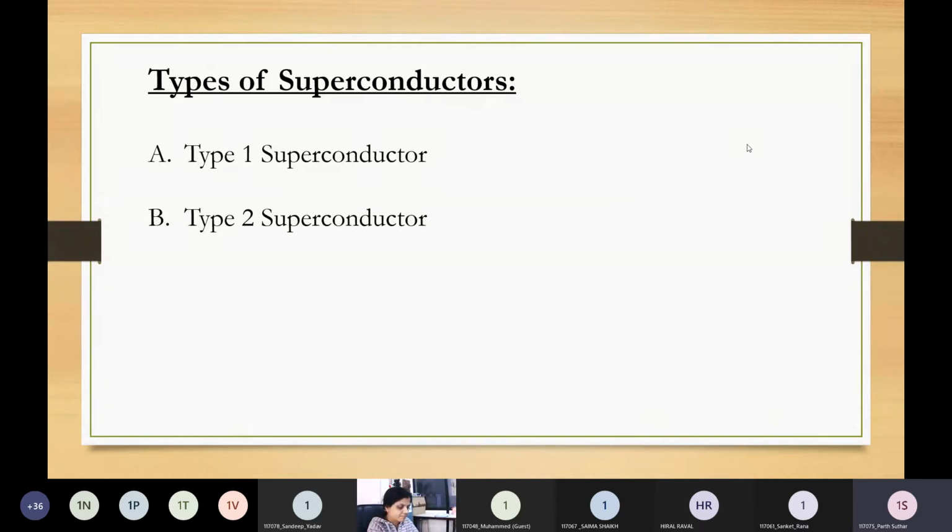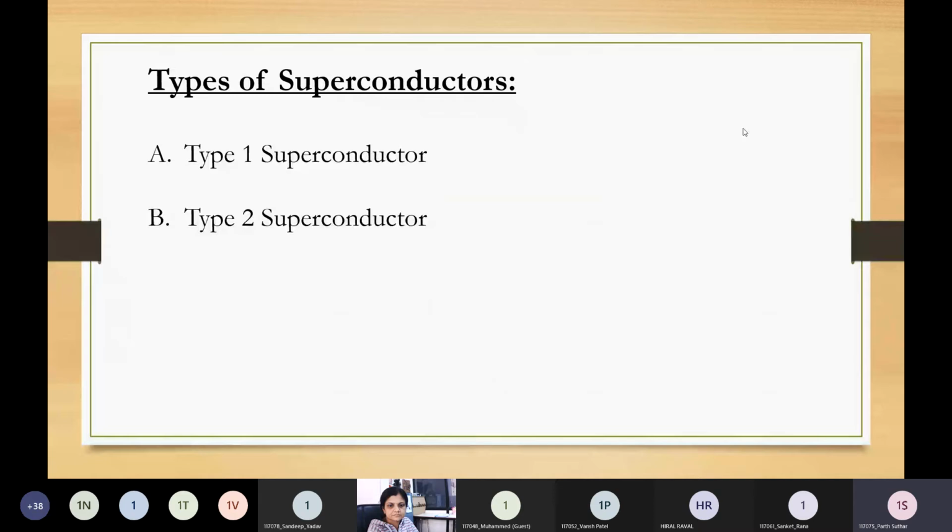But in the case of impurity, if we add some impurity into superconductor, the superconducting property does not vanish, but the critical temperature of the superconducting material decreases. This is the small topic of effect of impurity, which I had forgotten to add in this slide. Have you got it? Yes.